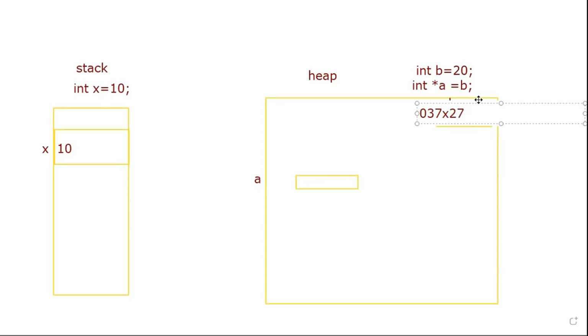This is my memory address. In a, we are storing just the address of b, so a is pointing to this address. This address will have the actual value of 20. Understood?